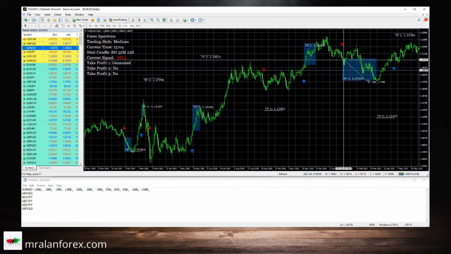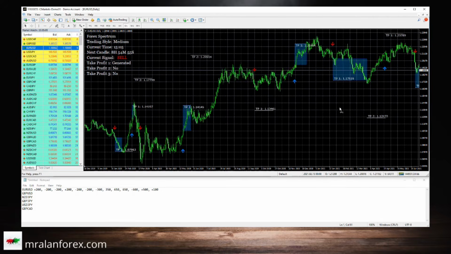Short here. First take profit, which is 300, and then there is a long here, which is around here. 100, so 300, so 300, and we lose 200, so that's 100. Oops. Okay, and now we've gone long again.